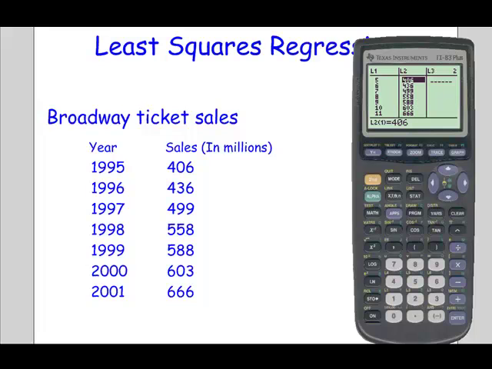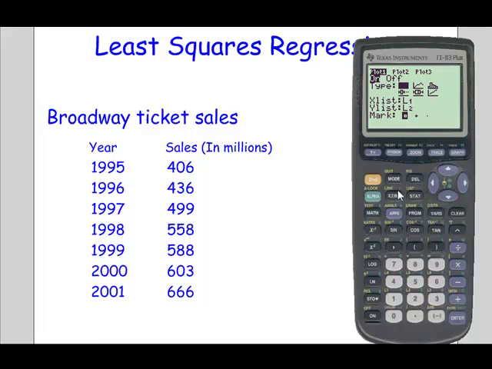Okay? Then what we need to do is go to second stat plot and make sure that it's on. We hit enter, we turn it on, we hit enter. We're going to want to go down and use L1 for X list, L2 for Y list, and also from these 6 choices we want to use the first choice. It's like a plot, stat plot.